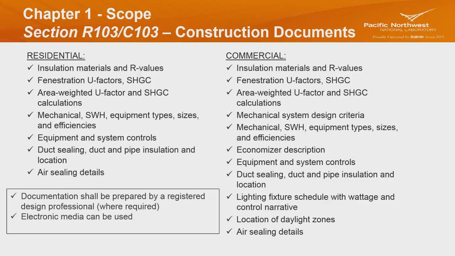Now this changes because with alterations and additions, you're not going to be going through every one of these checklist items, but as you see, insulation materials and R values, fenestration U factors and the solar heat gain, so the ratings on your windows and your glass doors, calculations on your windows and glass doors, mechanical equipment, the size, the type.